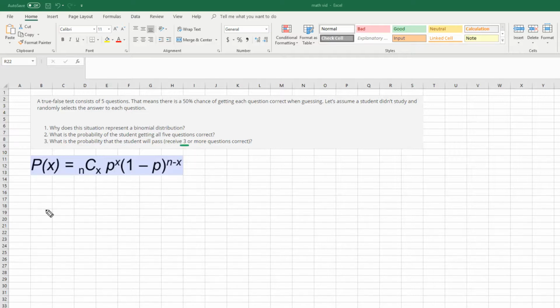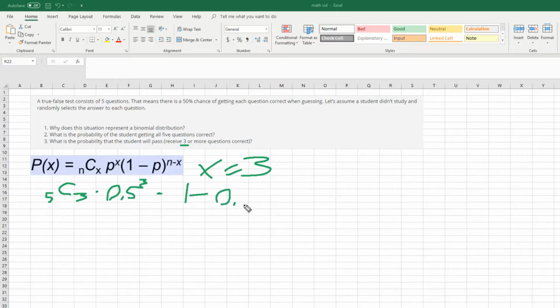The only thing that's going to change here is x because we're now searching for 3. So the number of successes is going to change to 3. So it's 5 combination 3 times 0.5 to the exponent 3 times 1 minus 0.5 to the power of 5 minus 3.